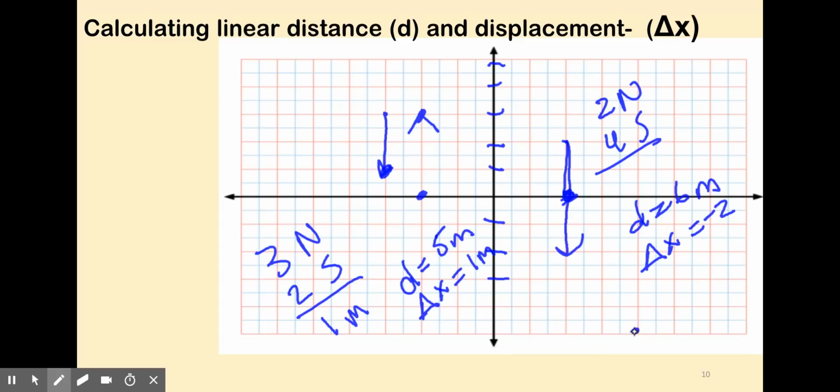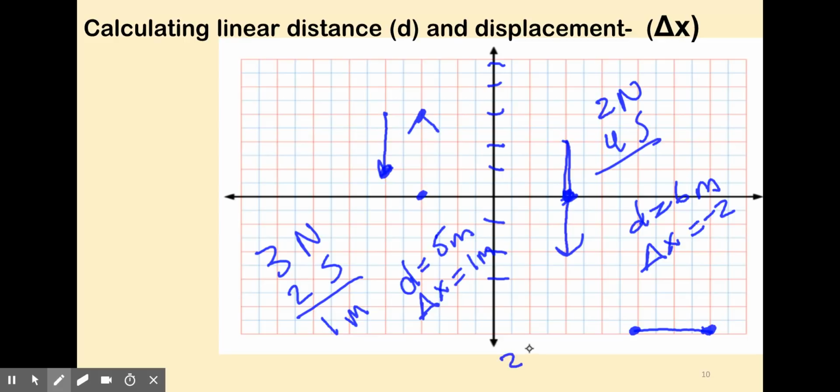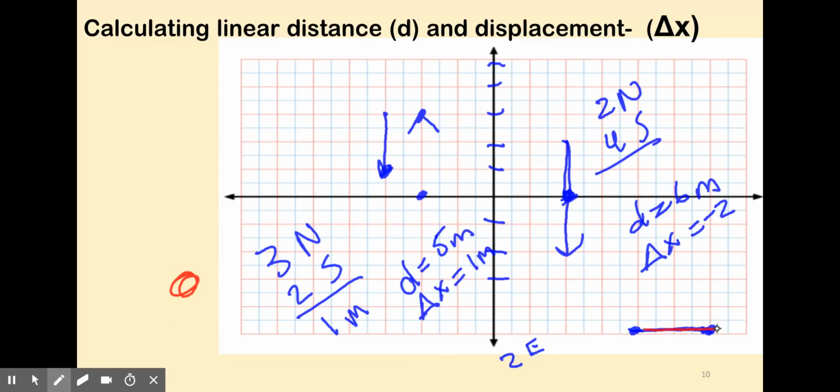If I started here and I went this way 2, so that was 2 east. And if I go back, come on, man. Did you see me click on red? If I go back 4 west, I am left of where I started, so that needs to be a negative number.